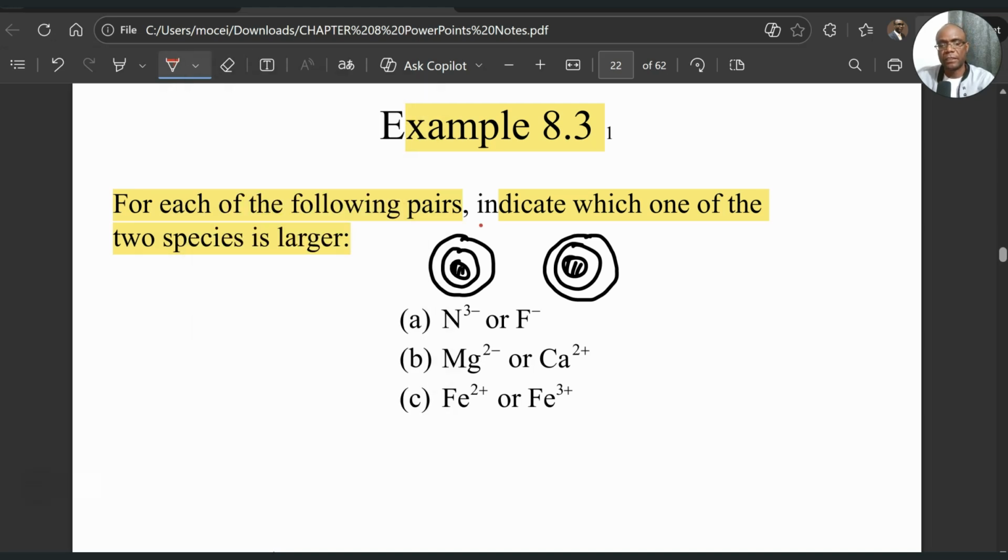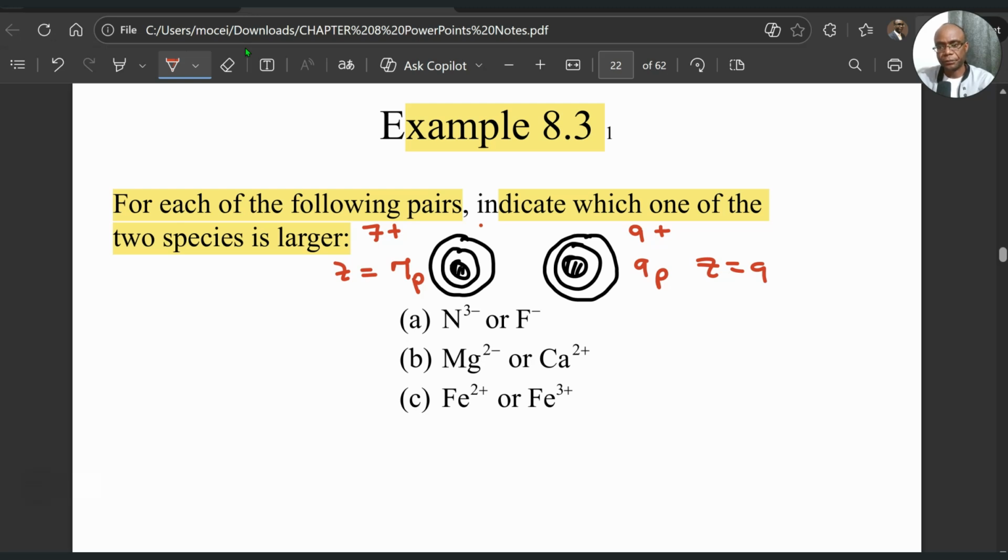The only difference is that the number of protons will be different. Nitrogen has an atomic number of 7, so it has 7 protons, or rather 7 positives. Fluorine has 9 protons, atomic number Z equals 9, while Z here is 7. So it keeps the 9 positives. Which of these do you think will be larger?